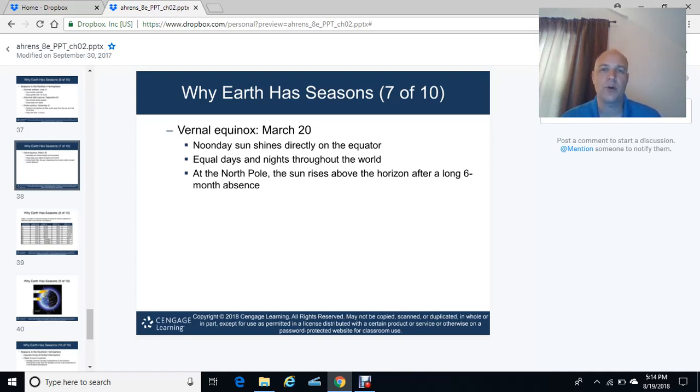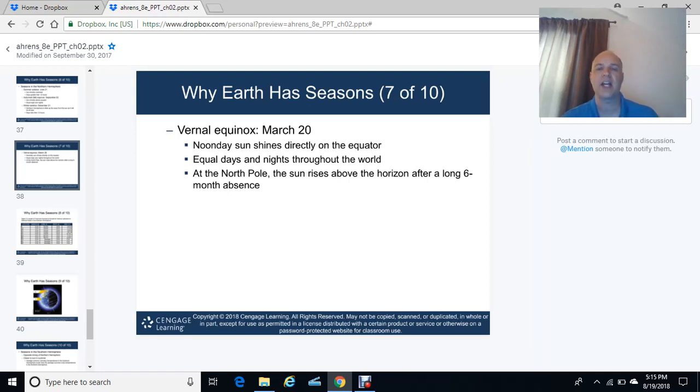At the North Pole, the sun rises above the horizon after a long 6-month absence. So that's the one really cool thing. At the northern latitudes of the North Pole, for example, they have 6 months of darkness from September 22nd, the autumn equinox, all the way to the spring equinox, completely dark in the North Pole. Okay? And then it switches after the vernal equinox.